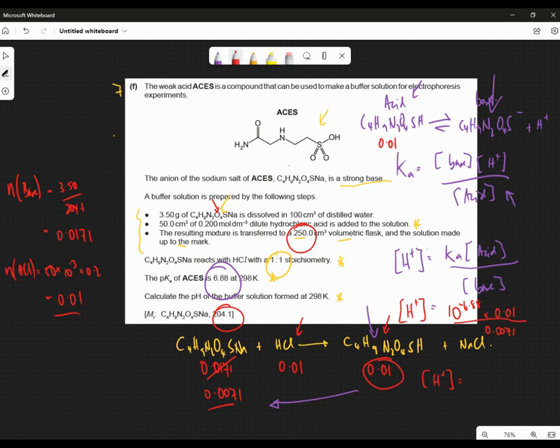Let me do that again. 10 to the power of minus 6.88 equals that, times 0.01 equals that, divide that by 0.0071 equals that, and I get the H plus concentration is 1.86 times 10 to the minus 7. Get the log of that, and I get 6.73. Okay, hope that makes sense. Let me post this now. Okay, bye-bye.